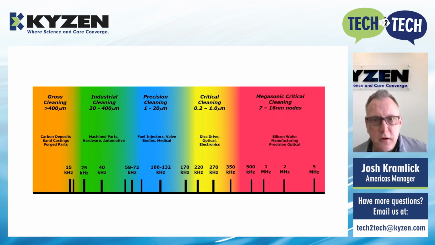As we move down to smaller particle sizes, critical cleaning, submicron particles up to, say, the 1 micron range. Applications such as optics, electronics, disk drive manufacturing, it's very common that the final phase cleaning step in these applications includes exposure to ultrasound in the range of 170 kilohertz up to 350 kilohertz. And then beyond that, we have what we would consider Megasonic critical cleaning, for example 7 to 16 nanometer nodes in wafer manufacturing, whereas a lot of applications are now being developed in the 2 nanometer range.